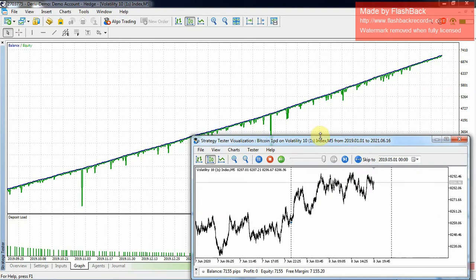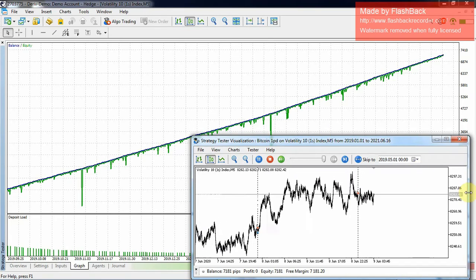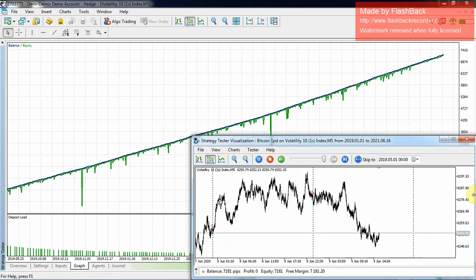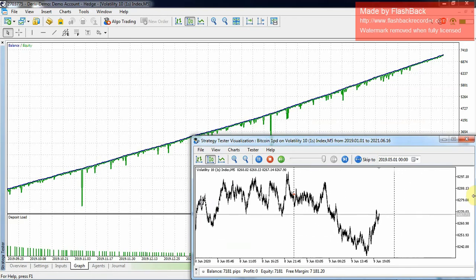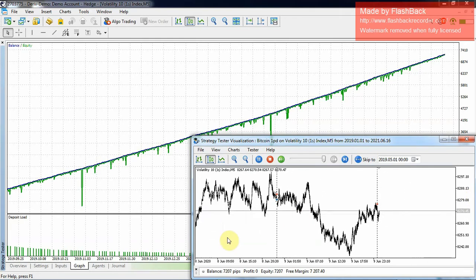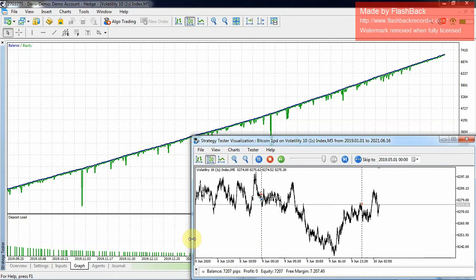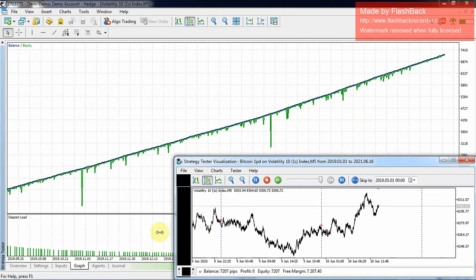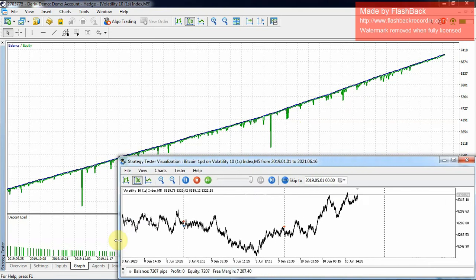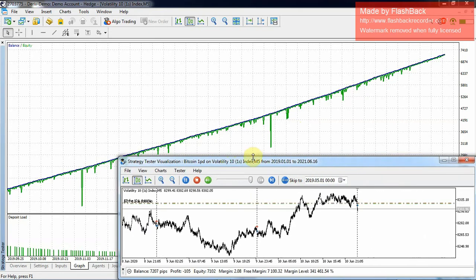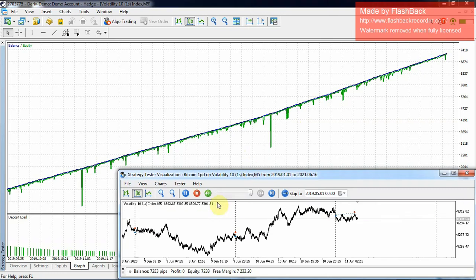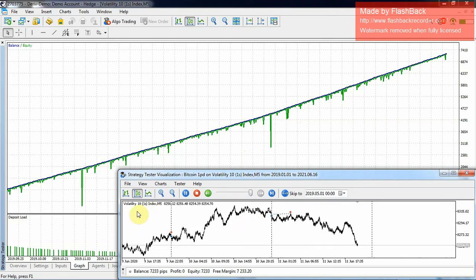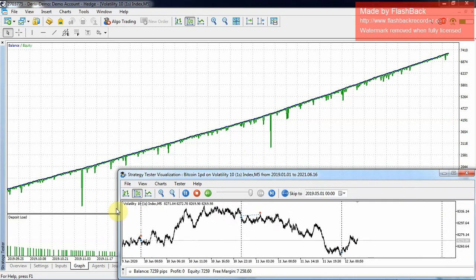We're using a small lot size to compensate on the bigger stop loss. We are up 7K. We are up 7,410 from 1K. That's like 700%.